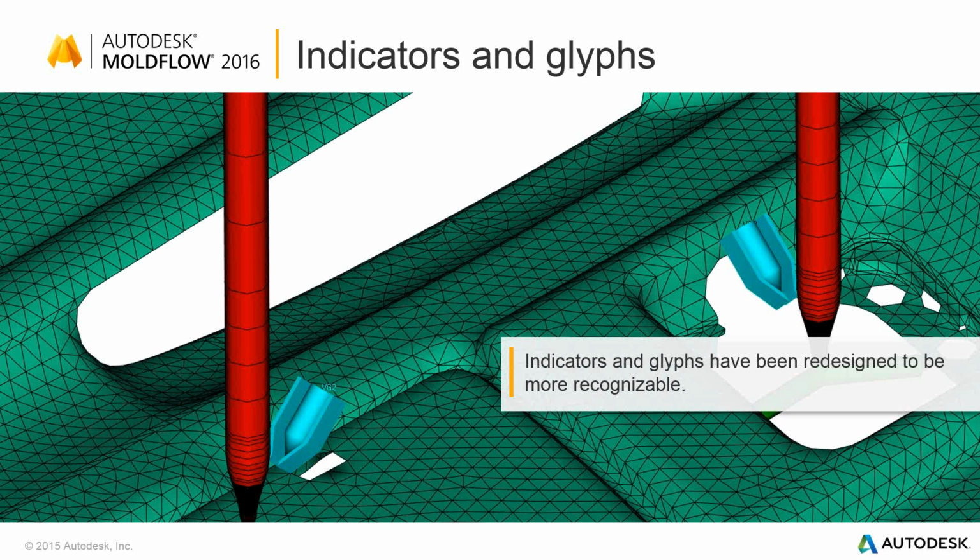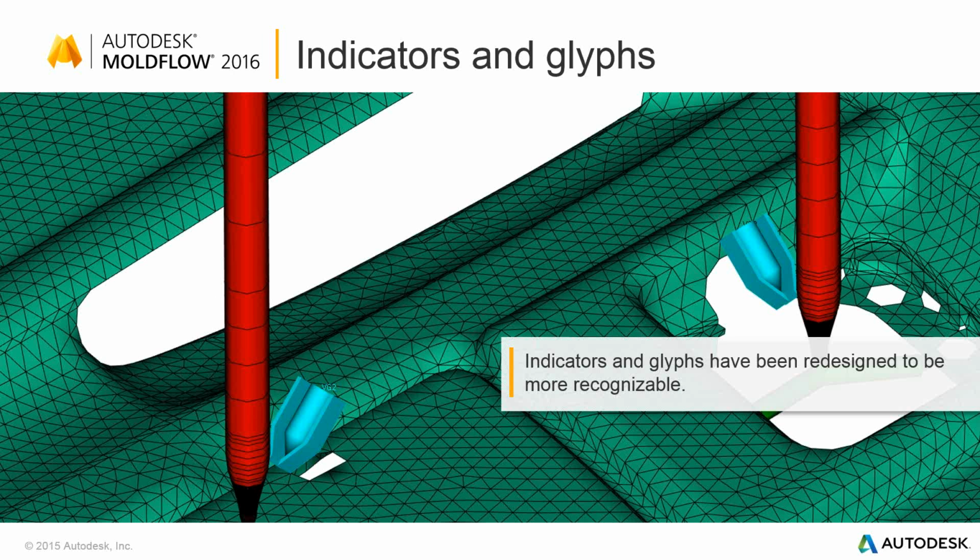So for those of you that use valve gates, in the past it was impossible to see which elements would have valve gates associated with them, or even to see what controller was associated with it. So you always had to sketch it out on a piece of paper to keep track of what's going on.